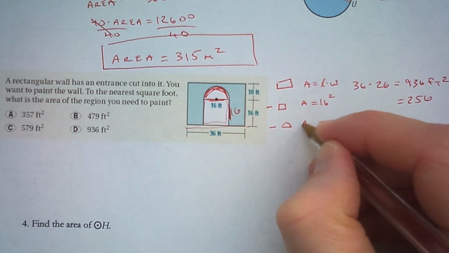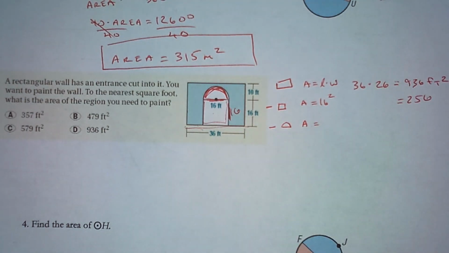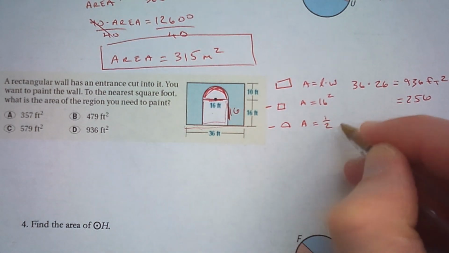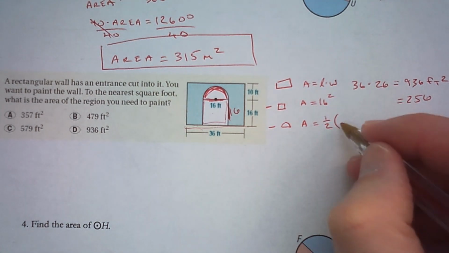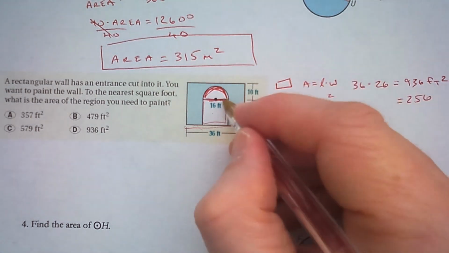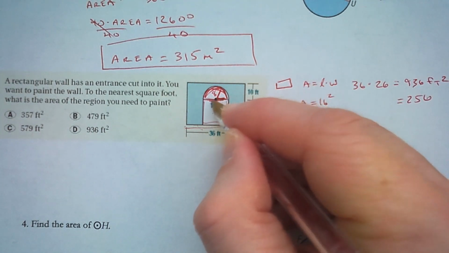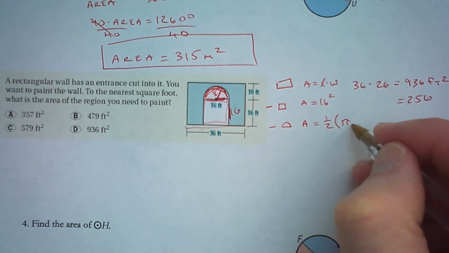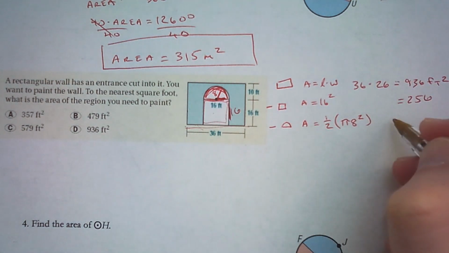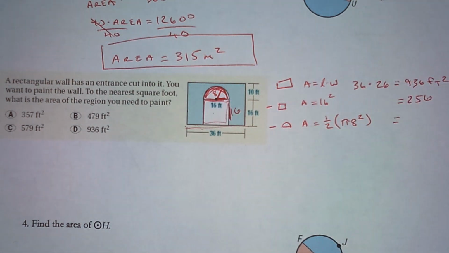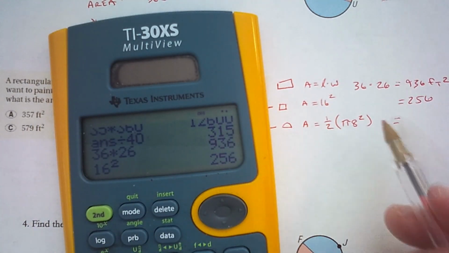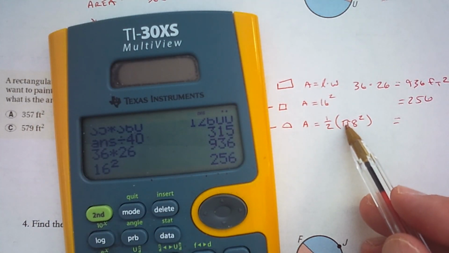So we're going to subtract that semicircle, and the area of a semicircle is just half the area of a circle. So half times pi r squared. Pi times, and then the radius of this circle is 8. It's half of that diameter, so pi 8 squared. Okay, so I want to use the pi button here.